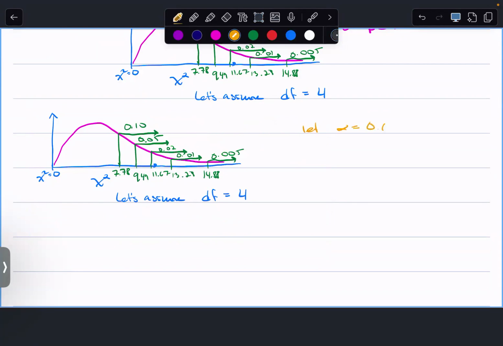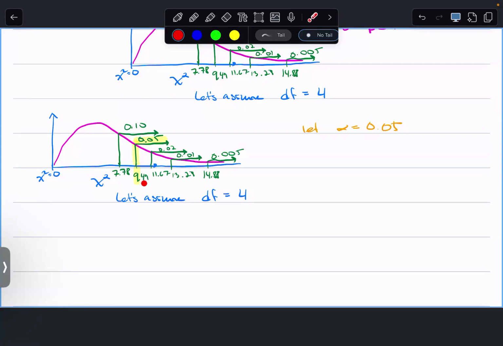Let alpha be 0.05, which is our default anyways, right? The significance level of 0.05, if it's not stated, you're going to use 0.05, 5%, kind of industry standard. That's here, right? I'm going to force this area to be 0.05, which means that the critical value, which is different, and context will tell you, so it's different from the critical value in the confidence interval, right? We called it a critical value, that Z star in our confidence interval.